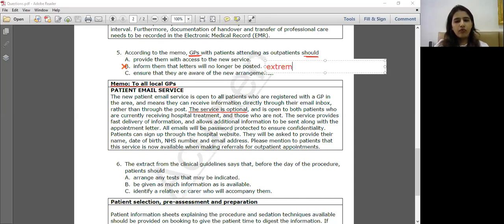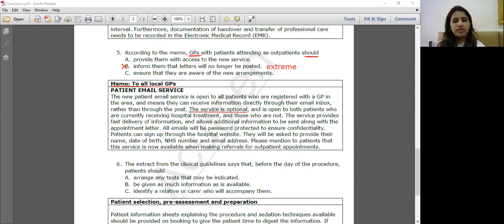Always look for extreme words, negative words, and blanket words when you're looking at the answer choices, because these words can completely change the meaning of the entire sentence. So no longer be posted means now the only option is email, whereas the paragraph doesn't say that. Both options are still available.